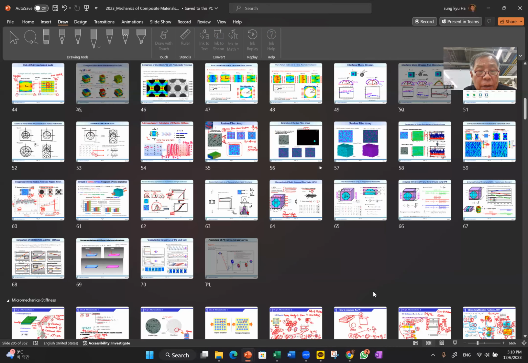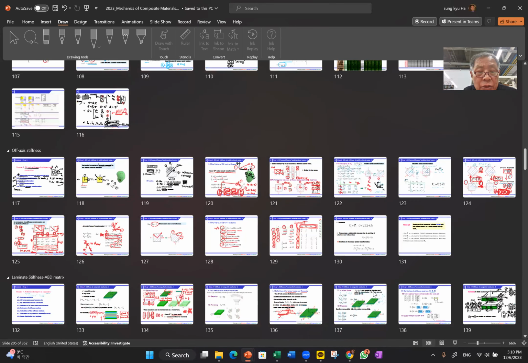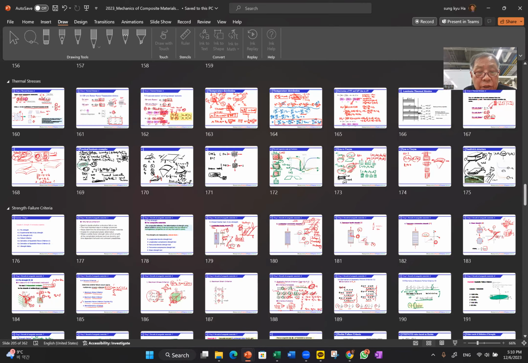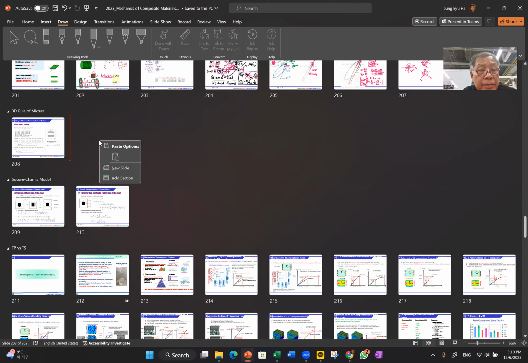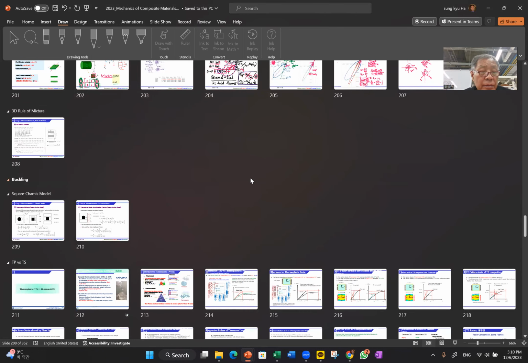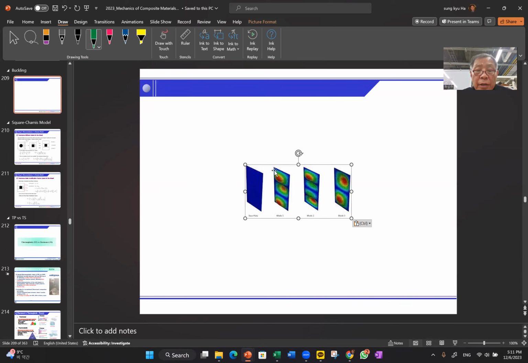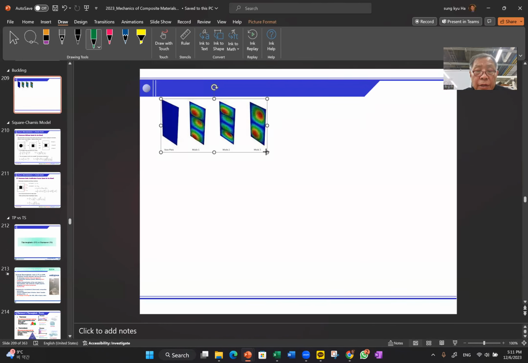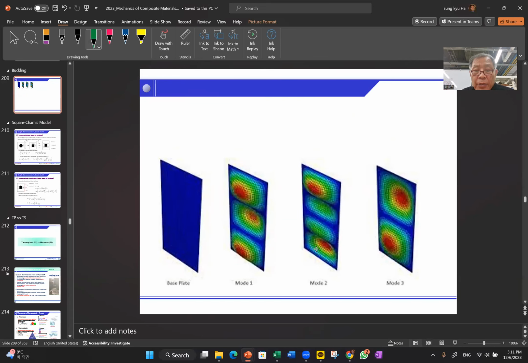But since we have a worksheet, I'd like to very briefly introduce buckling. Okay, this is the structure buckle.